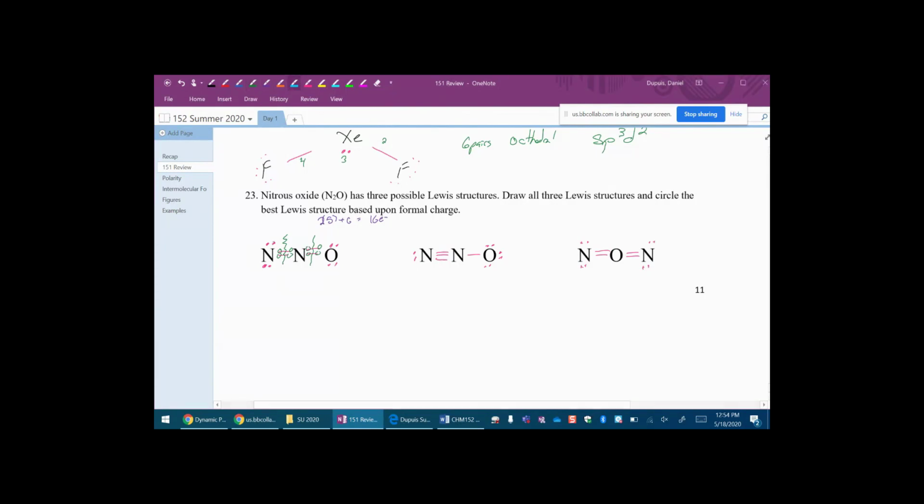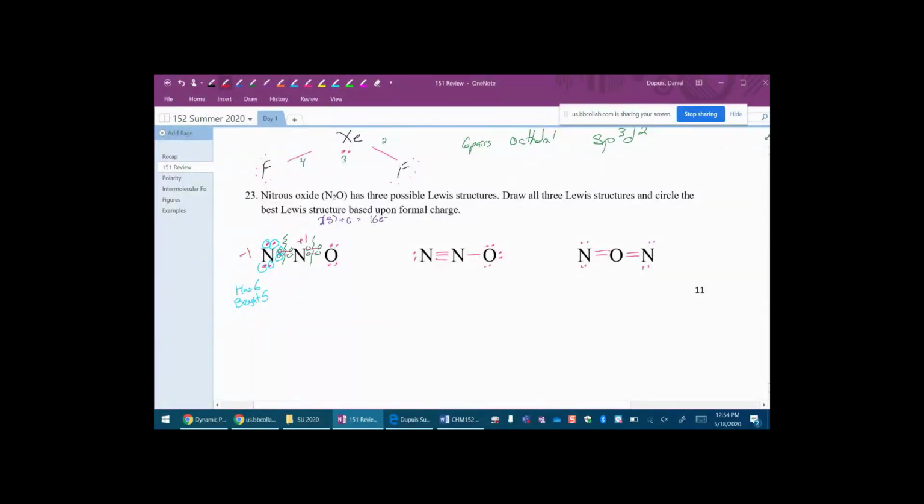So we have 1, 2, 3, 4, 5, 6. It has 6, brought 5. So I gained an electron. So this nitrogen is formally -1. The nitrogen in the middle has 1, 2, 3, 4. It brought in 5. It's technically formally +1.